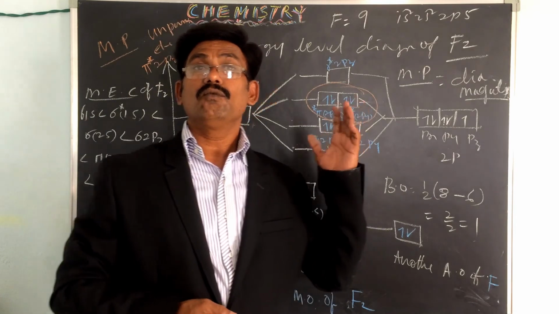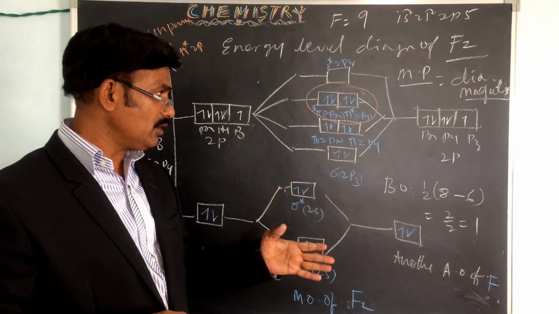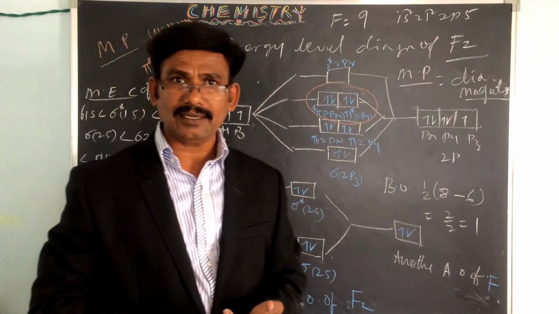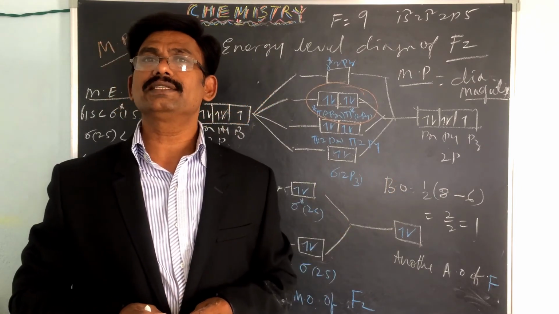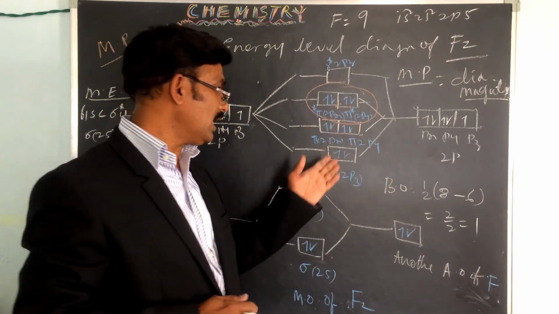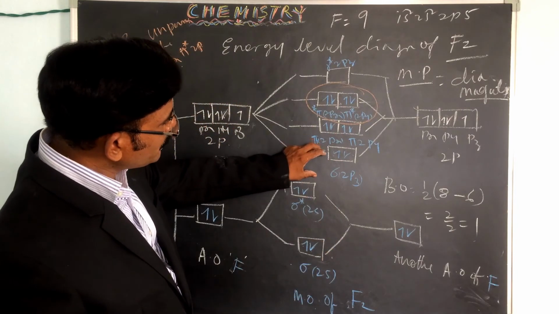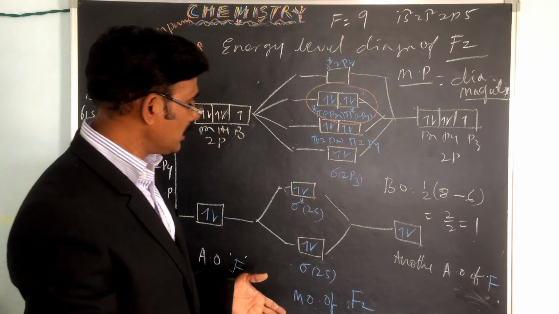Once again, fluorine here, the diagram. In this I will tell you what are the non-bonding electrons, bonding electrons and anti-bonding electrons. Here also like oxygen, the bonding electrons are sigma 2s, sigma 2pz, pi 2px and pi 2py.